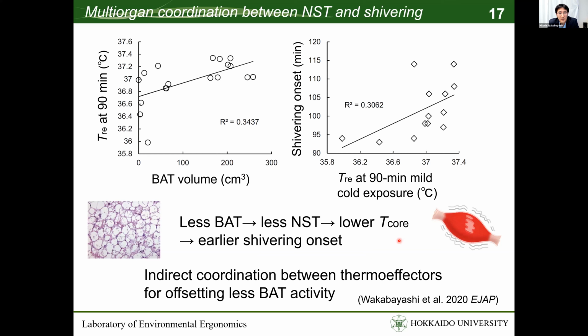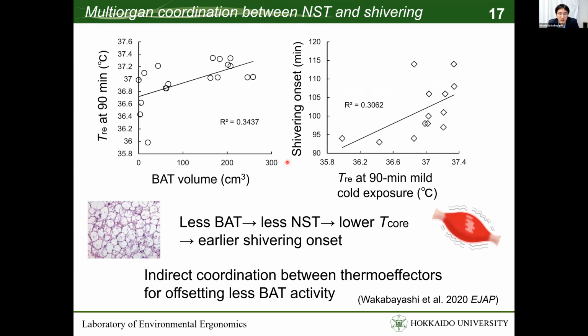And this is one of the original findings in our study. Left figure shows the BAT volume is positively correlated with the rectal temperature at the end of the mild cold exposure phase. And this rectal temperature is positively correlated with the shivering onset time.